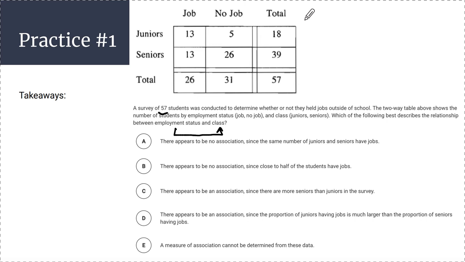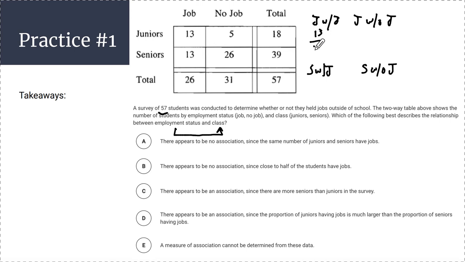I want to figure out my juniors with jobs, I'm going to say J with J, my juniors without jobs, my seniors with jobs. I'll give myself some more space there. And I'm going to do these as relative frequencies. Seniors with jobs and my seniors without jobs. So let me go ahead and do that. My juniors with jobs is going to be, juniors is 13. There's 13 juniors with jobs out of a total of 18 juniors.